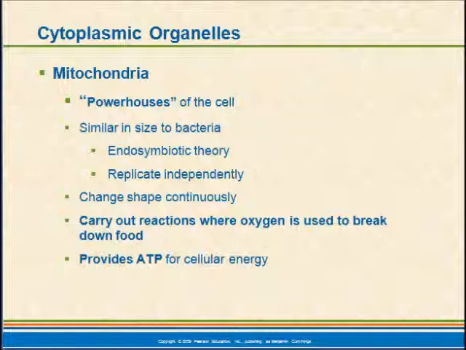Without the mitochondria, we could get, per molecule of glucose, about 2 ATP. With the mitochondria, we can get 34 to 36 ATP. So this allows multi-celled organisms to exist. Without this, we would not have complex life forms.